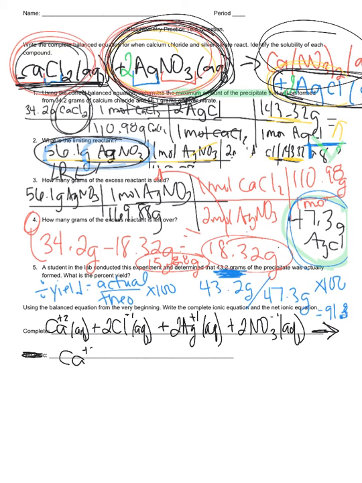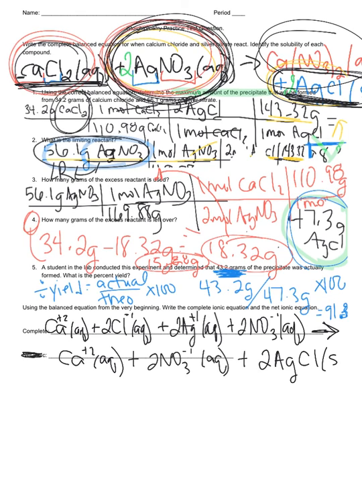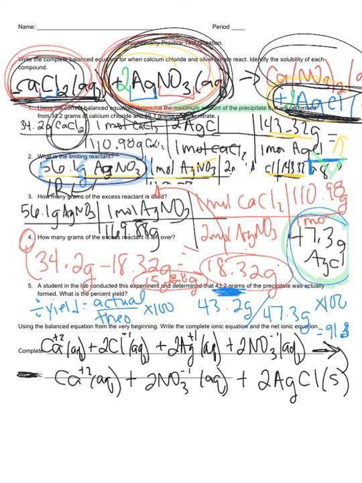So Ca +2 aq, plus 2 NO3 -1 aq, plus 2AgCl, which was the s. It was your precipitate, which means it stays together. You leave all s's, g's, or l's together. That is your complete ionic right there.